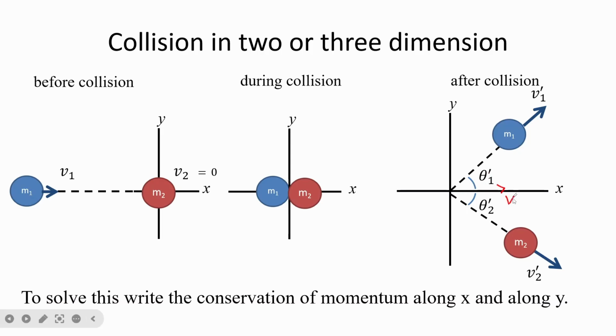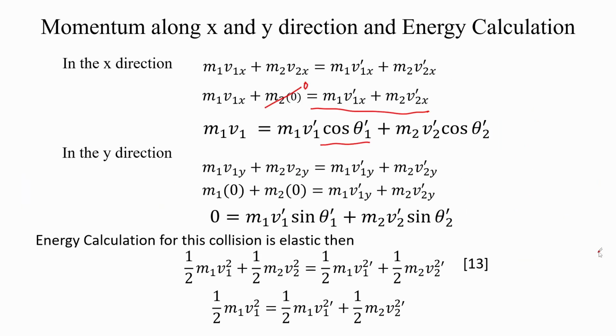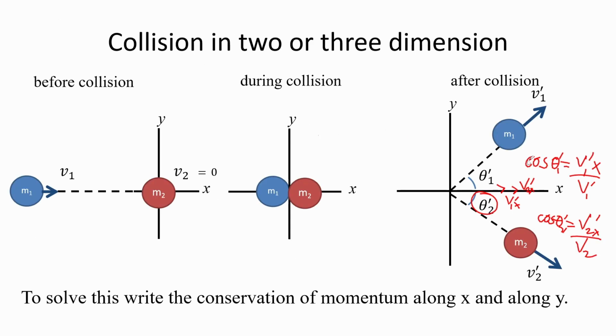So let's say this is v1 prime x, so that is clearly cosine theta 1 prime, which is equal to the adjacent v1 prime x over the hypotenuse v1 prime. Okay, you do the same here for theta 2. So cosine theta 2 prime is equal to the adjacent, which is v2 x prime, over v2 prime. Let's simplify this one further.